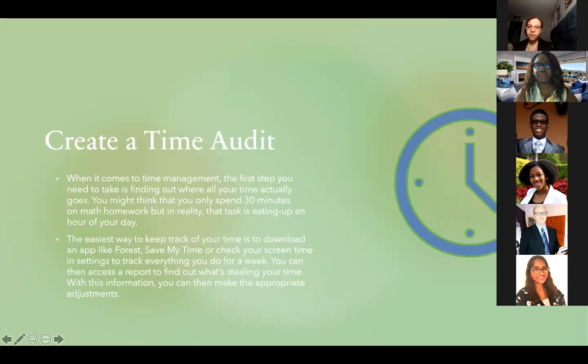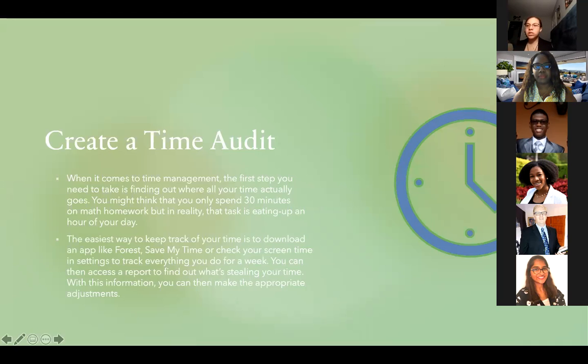So the first step for time management is creating a time audit. Basically, a time audit is you just see what all of your time is going into. You record what you do for about a week. You can do this by checking your screen time in your settings or download apps that already do this for you, like Forest or Save My Time and such.